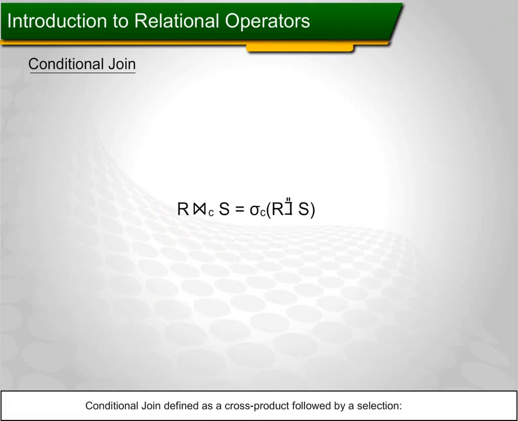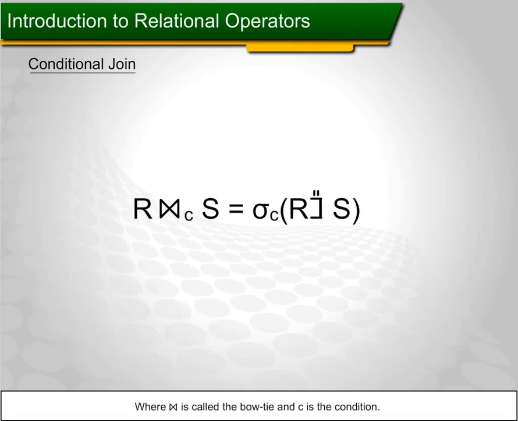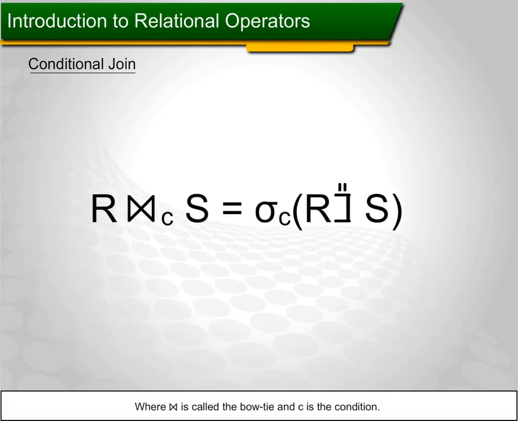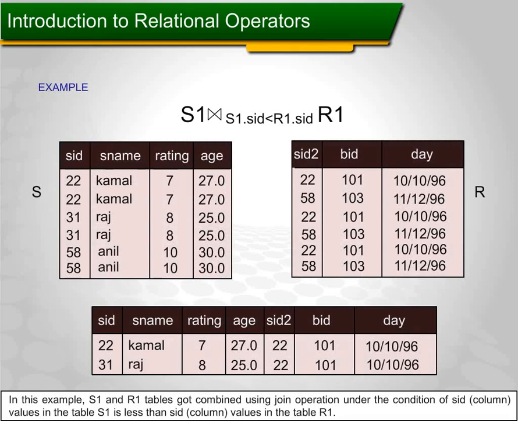R join C, S is equal to sigma C of R cross S, where join is called the bow tie and C is the condition. Example. In this example, S1 and R1 tables got combined using join operation under the condition that SID column values in the table S1 are less than SID column values in the table R1.